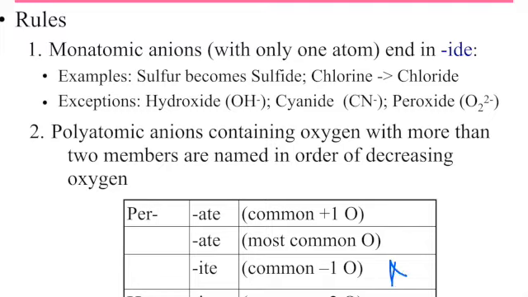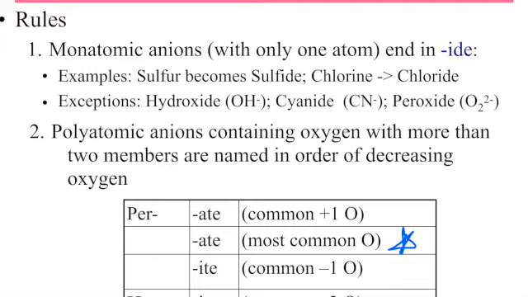Here it is: the "ate." The ion that has an element with oxygen that makes an ion, the one that is most often found in nature, is the "ate." Now, there's no rhyme or reason to how many oxygens are added or what charge it is.